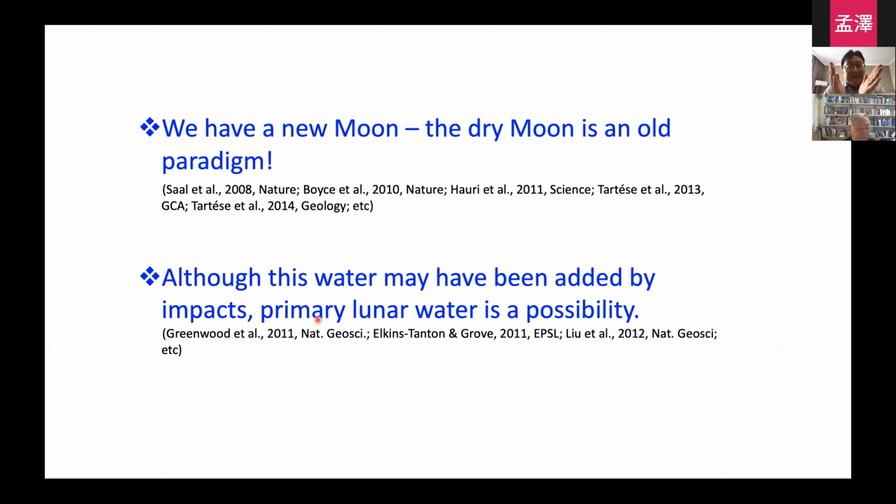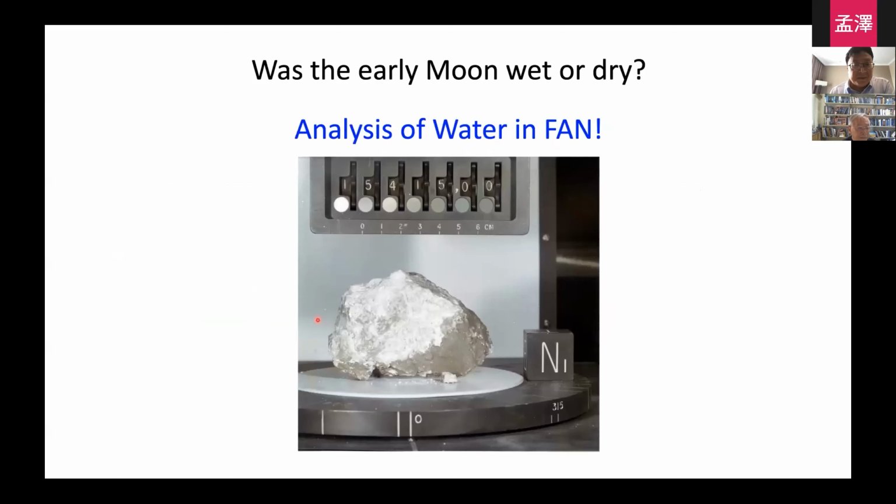Based on the previous studies, we have a new moon, in which the lunar interior contains water. But on the other hand, we are still not sure about the source or the origin of the water. This water may have been added by impacts. On the other hand, primary lunar water is possible.